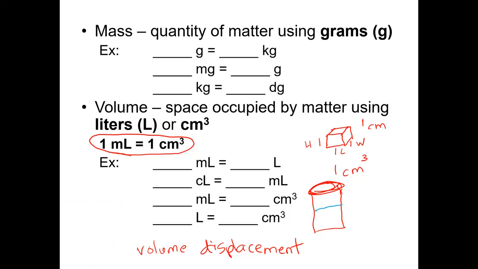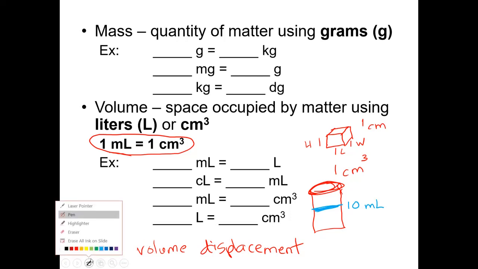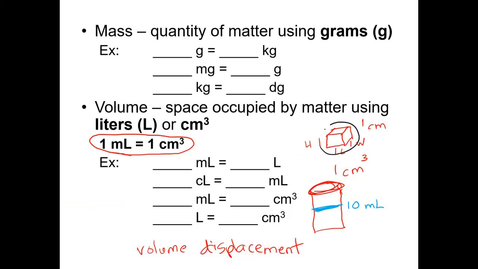I would put some water in my beaker or my graduated cylinder. Let's say I just happen to use 10 milliliters, fill the graduated cylinder to 10 milliliters, okay? I would then take this object and drop it down into the water.